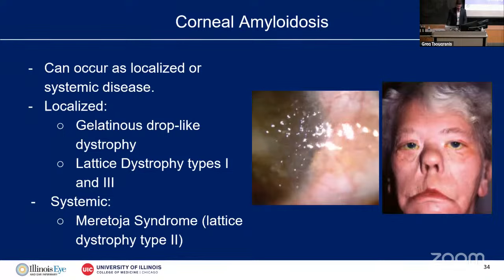In terms of systemic manifestations, Meretoja syndrome is the main form of primary systemic amyloidosis that presents with lattice corneal dystrophy type 2 and can include progressive bilateral cranial neuropathies with facial palsies, peripheral neuropathies, walking difficulties, and the characteristic mask-like faces included on the slide here.